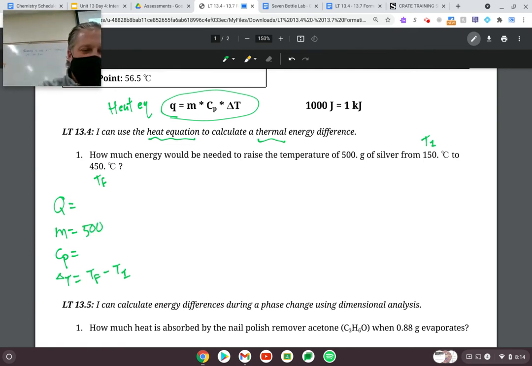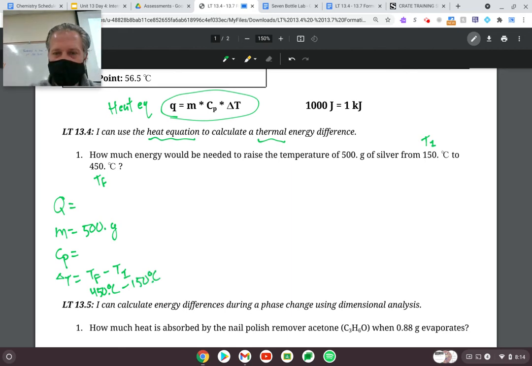So I'm going to have 500. grams of silver, and I'll figure out the CP in a second, but I'm just going to identify my TF and my TI. It's starting at 150 degrees Celsius and going to 450 degrees Celsius. So I'm going to have 450. degrees Celsius minus 150. degrees Celsius.